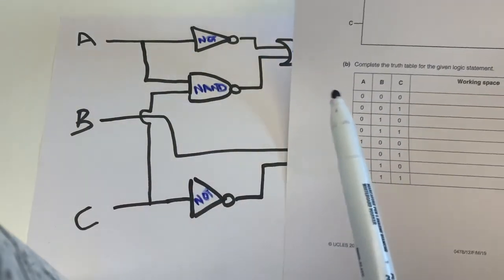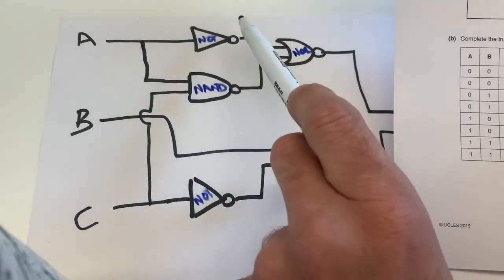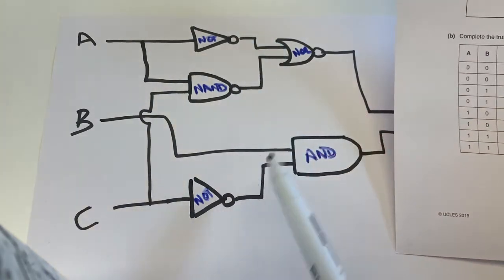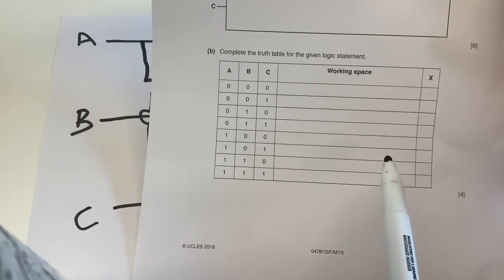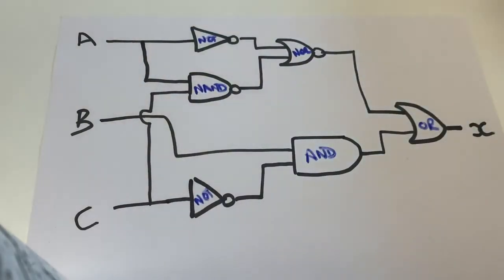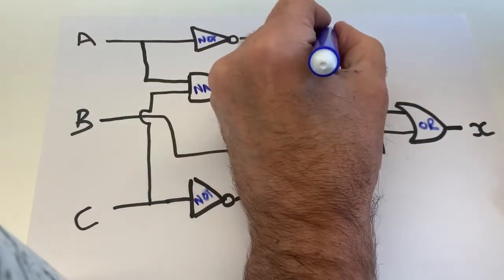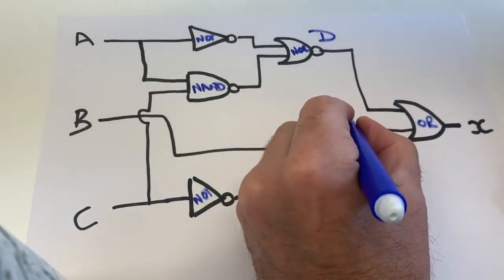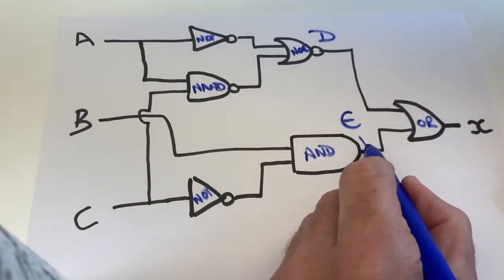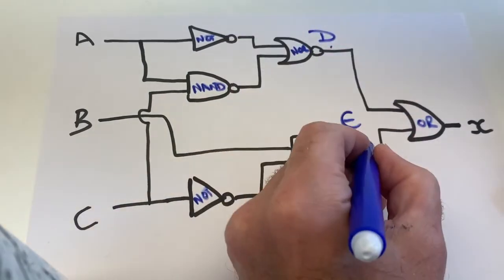Now, I know students work in very different ways, and you can put in pencil 1, 0 and then put them on here, or you can use this space here to work it out. I've used the space. I'm not going to go into too much detail, but I've tried to figure out what the value will be there, and what the value will be there at that point and at this point.